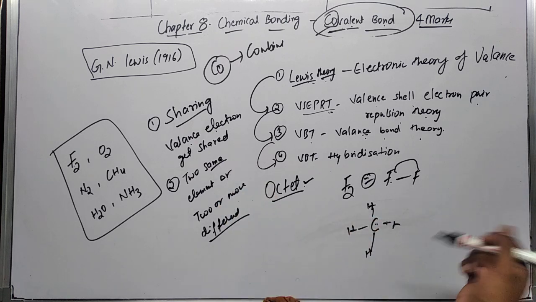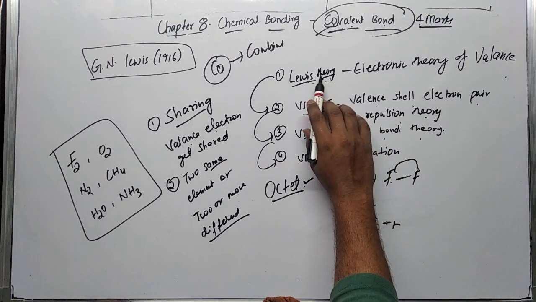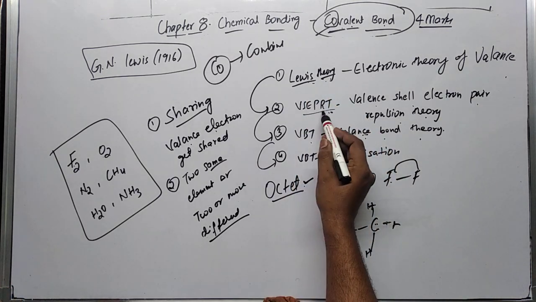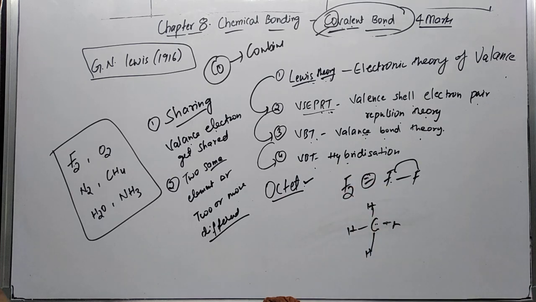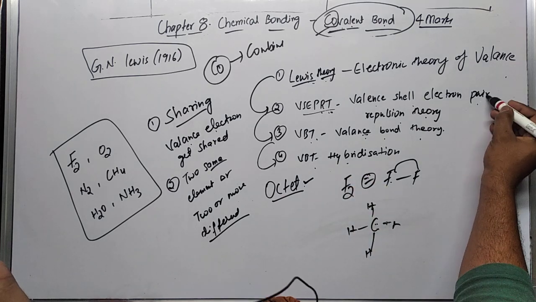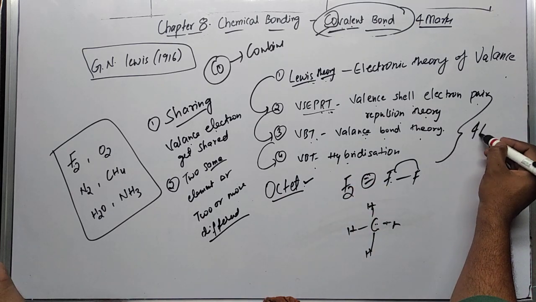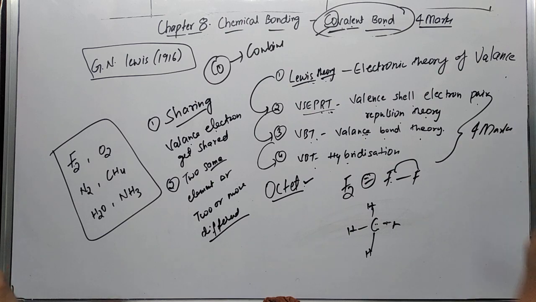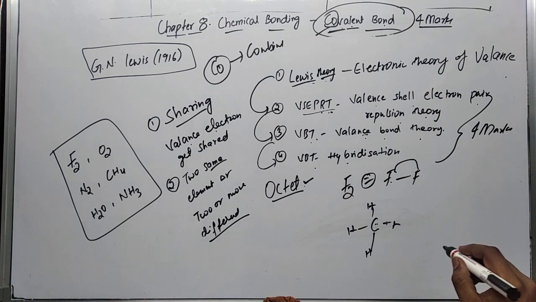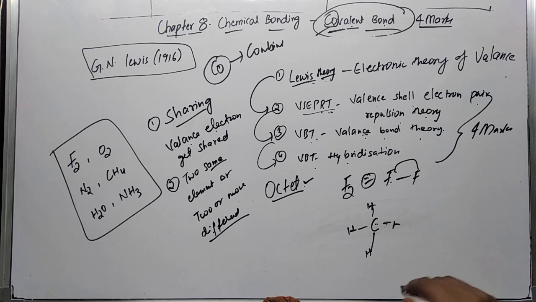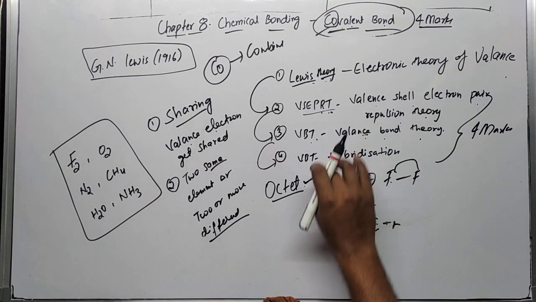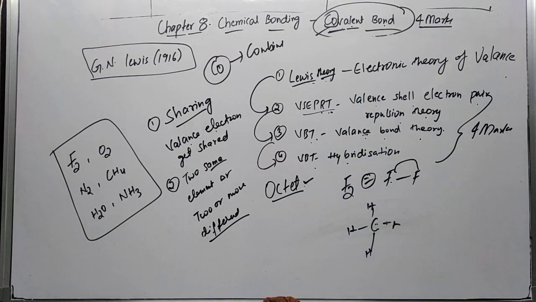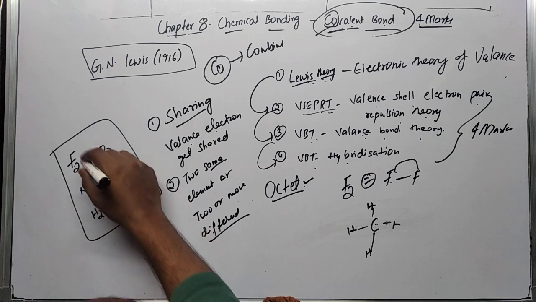In the coming videos we will be learning about VSEPR theory, VBT theory and VBT hybridization theory, which are very, very important for the 4 marks. So these 3 topics are important for 4 marks. We will be learning the theory, its drawbacks, and in these 4 theories you will have some diagrams of molecules.